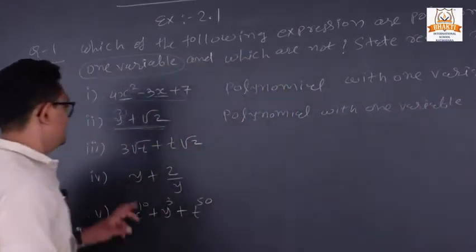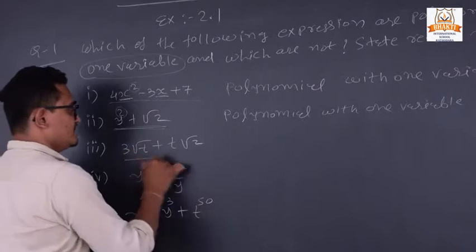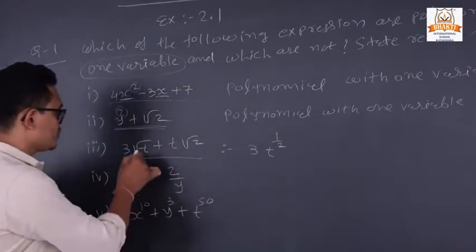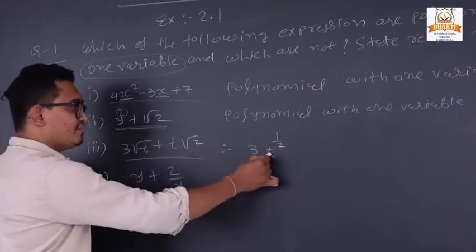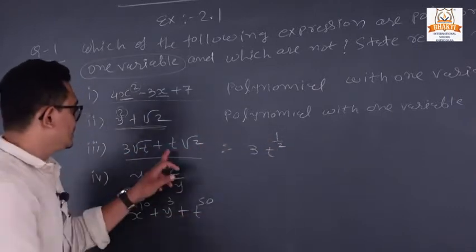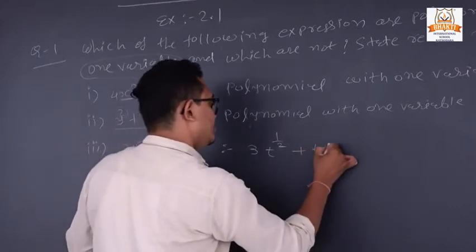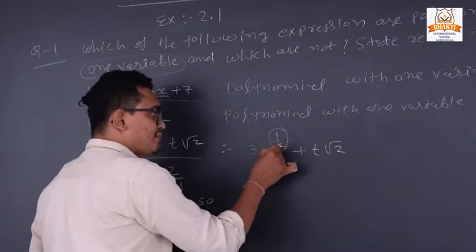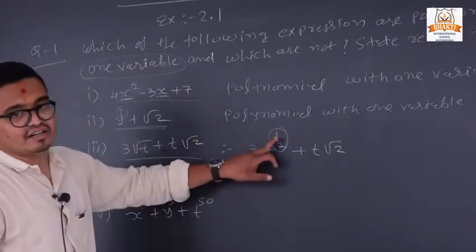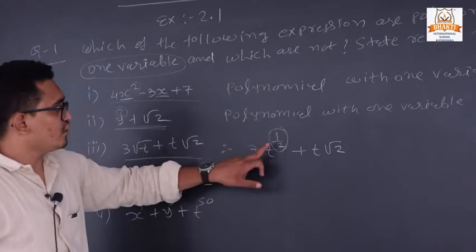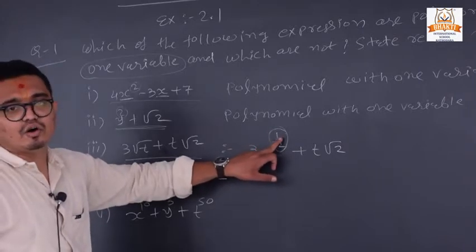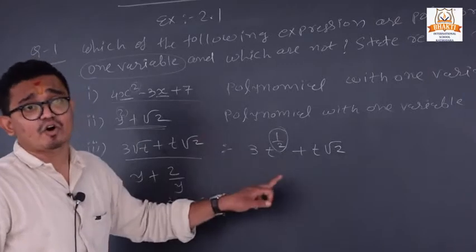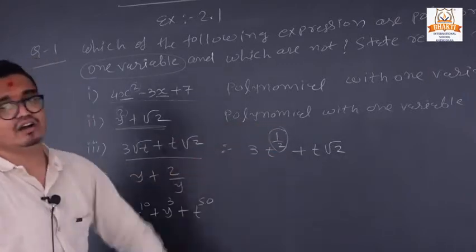Now in the third question, first of all we can rewrite it as 3 raised to 1 by 2, because root means we can also write the power as 1 by 2, plus t into root 2. So here t has a power which is not an integer, it is not a whole number. If any expression has a power that is not a whole number, then it is not called a polynomial.